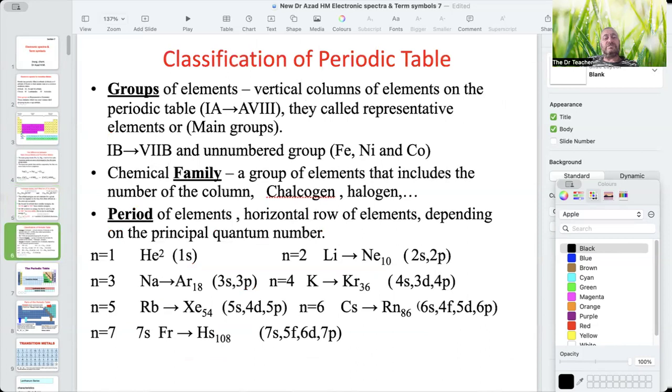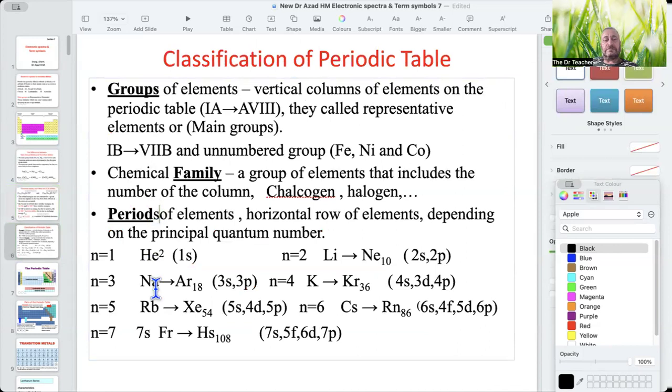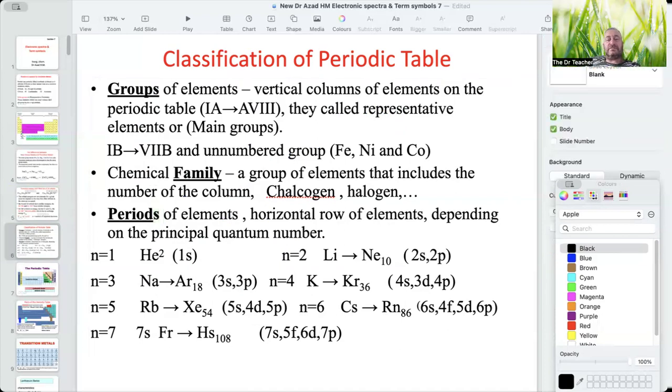Periodic table, as you know, has groups and periods. Periods are horizontal rows of elements, and groups are vertical columns of elements, each with its own electron configuration.